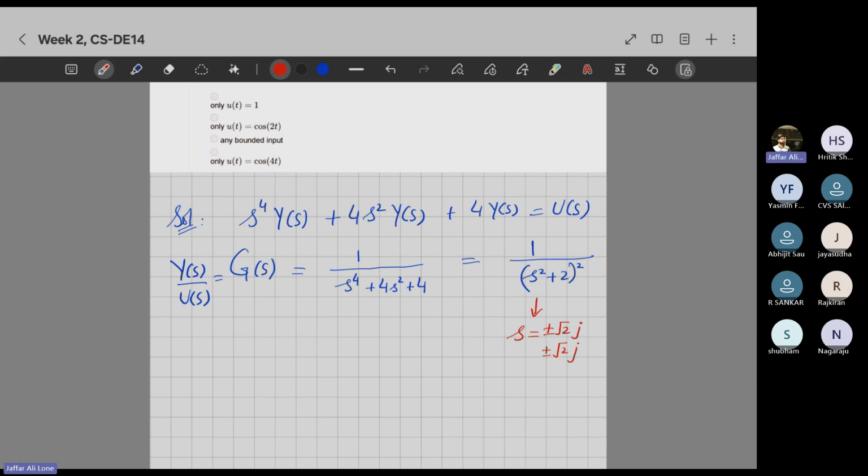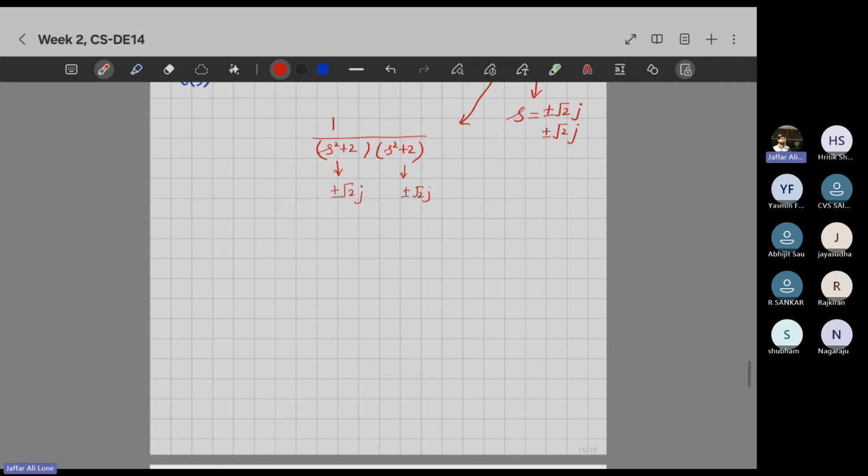So you can also write it like this, if you're confused: s squared plus 2, s squared plus 2. The poles corresponding to this will be plus minus root 2 j. Similarly, corresponding to this, plus minus root 2 j. Let me plot the roots, sigma, j omega. The roots are here and here, again here and here.